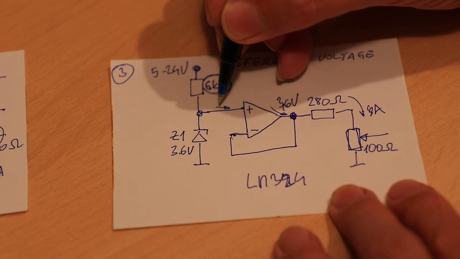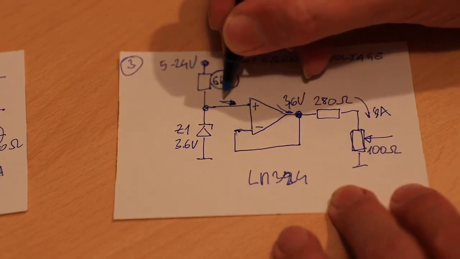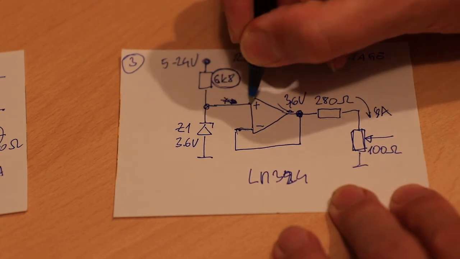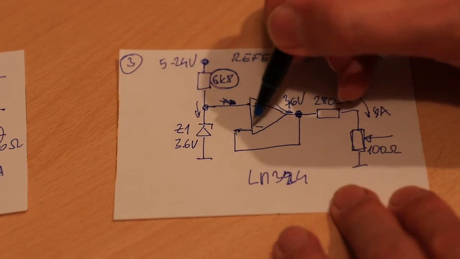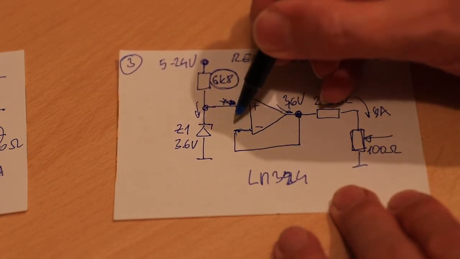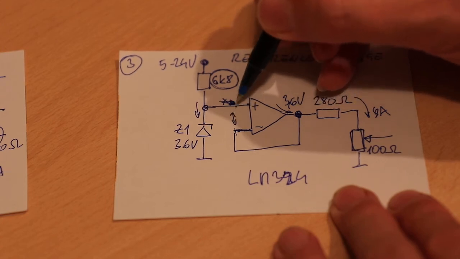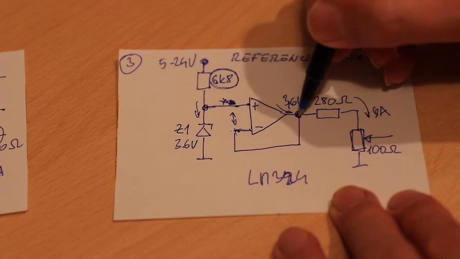The principle of operation of an operational amplifier says there is no current flow to the input terminals, so all current will flow through the zener diode. And since the operational amplifier tries to keep zero voltage between input terminals, the reference voltage we will have at this point.